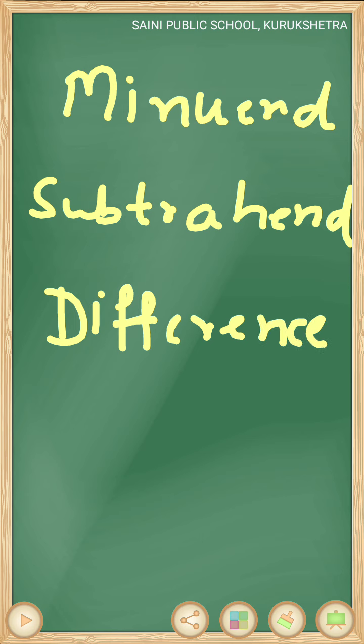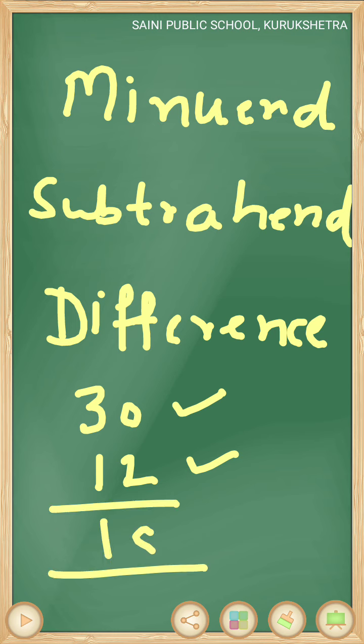In this example, 30 is minuend, 12 is subtrahend and 18 is difference, that is what we get after subtraction. So these three terms are used in subtraction.